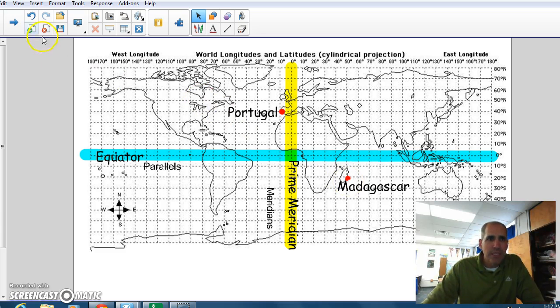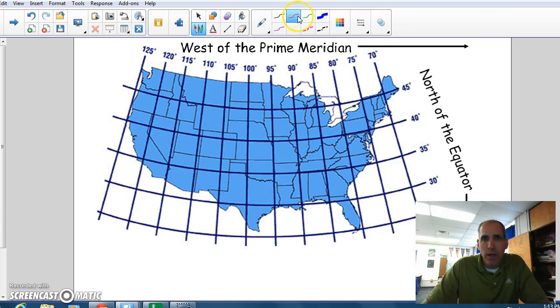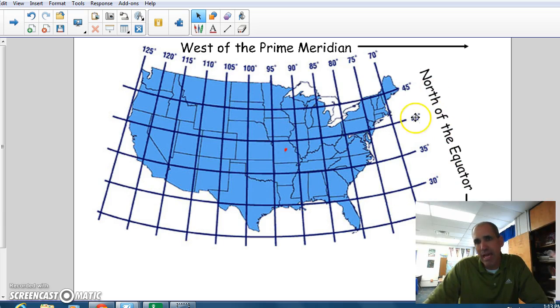Okay, so let's take a look at the United States of America. And if we put a mark here where our state capital is, I am in Missouri, and our state capital is located pretty centrally here within Missouri, and it is known as Jefferson City. So if I was going to try to name Jefferson City in latitude and longitude, of course, I always want to start with my latitude lines.